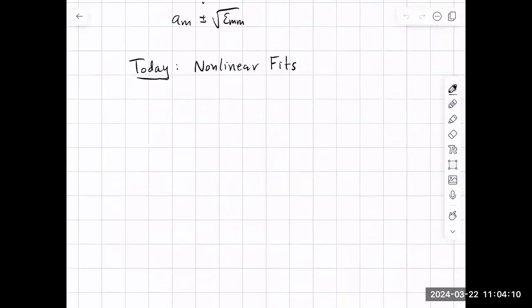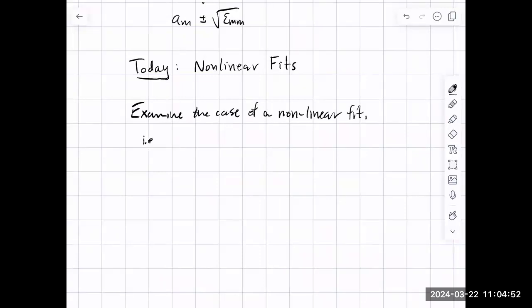Nonlinear fits. All right. So what we're going to do is start by showing why the type of analysis that we did for linear fits and this last example breaks down when we try to consider a non-linear function. So let's examine the case of a non-linear fit. We'll do this by selecting a specific example.